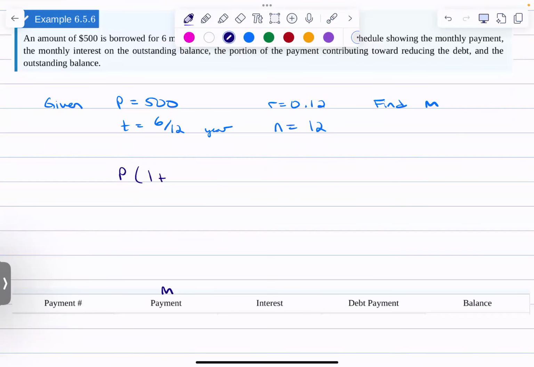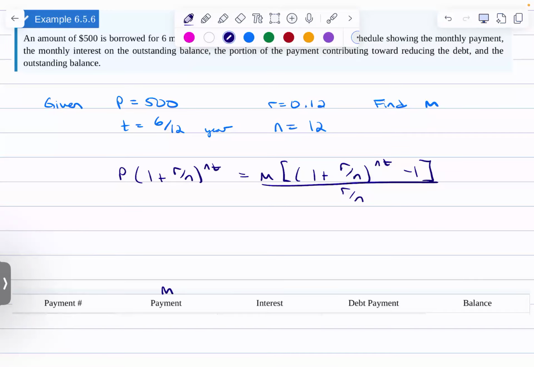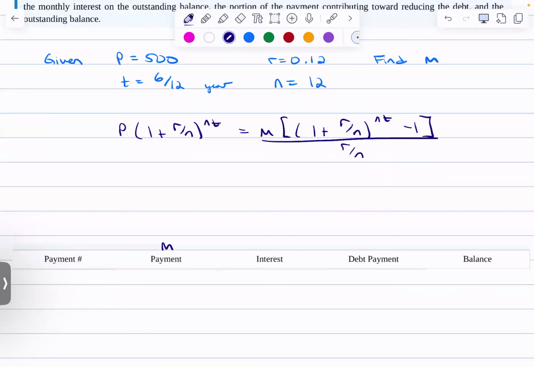P times 1 plus R over N to the N times T is M times 1 plus R over N to the N times T minus 1 divided by R over N. Let's see here. P is $500. 1 plus 0.12 divided by 12.